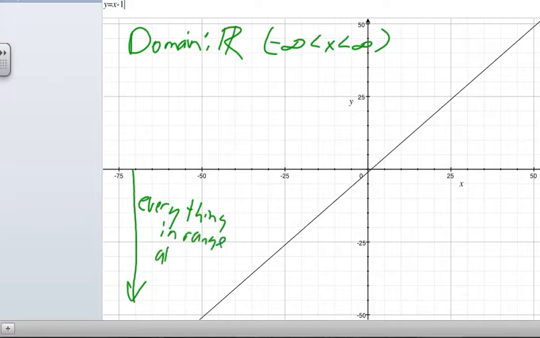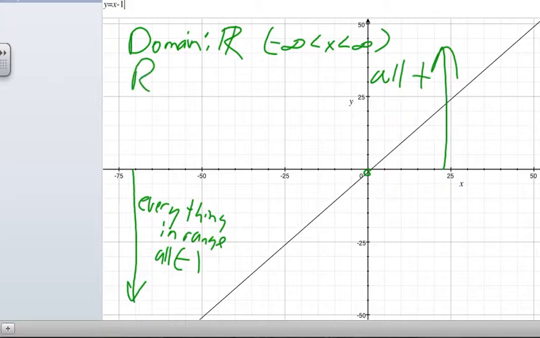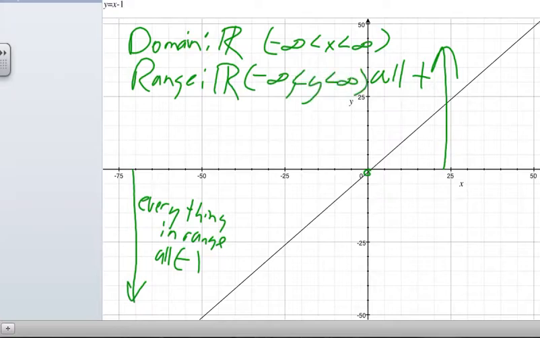Where I've got all negative values. All right, 0 is in there also. And then I come back and I take a look at my positive y's and the same thing. I've got all positive y values. So my range for this is all real numbers, either way you want to do it.